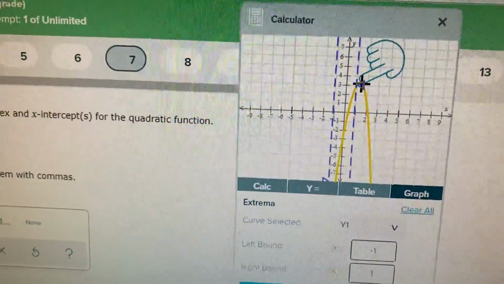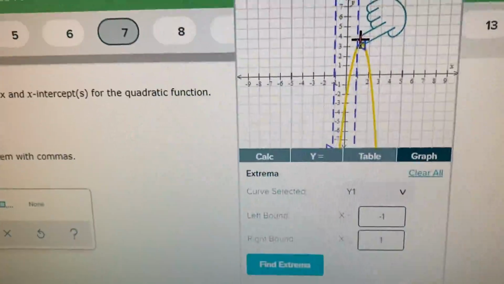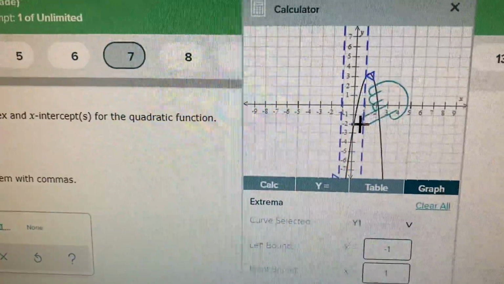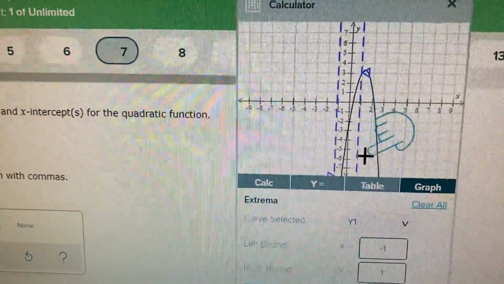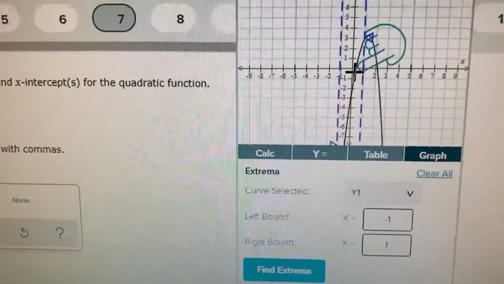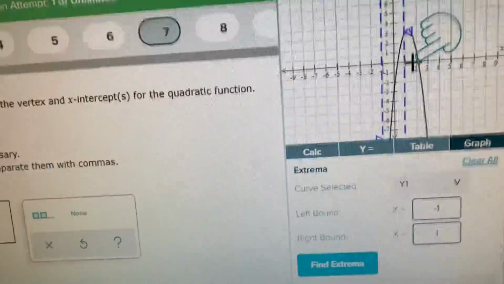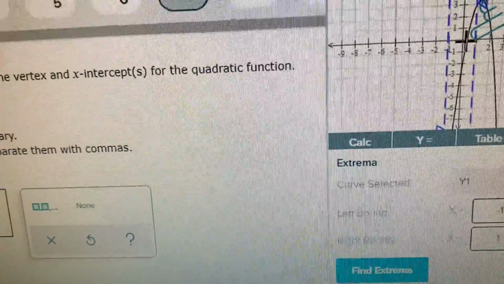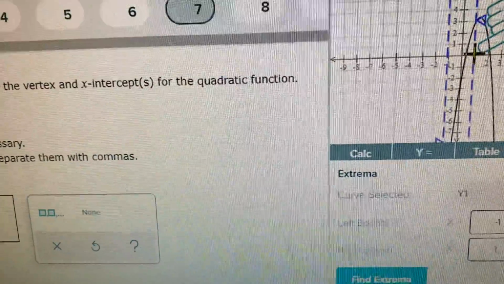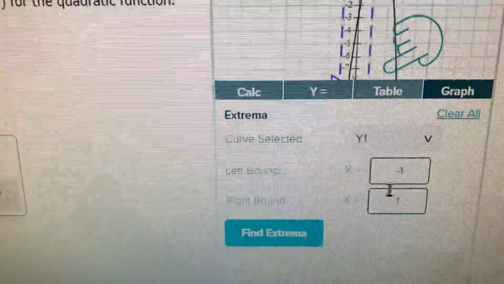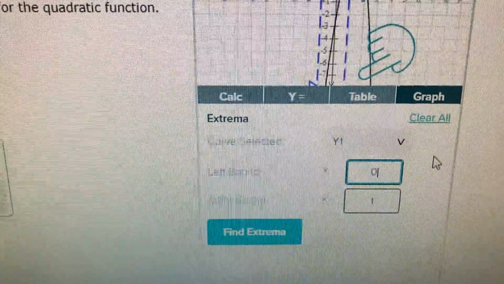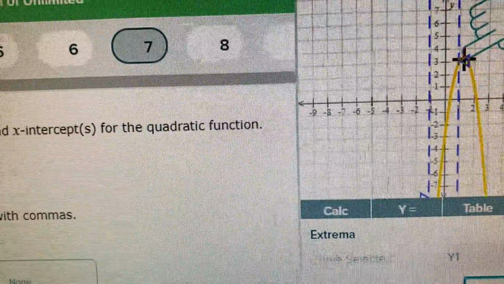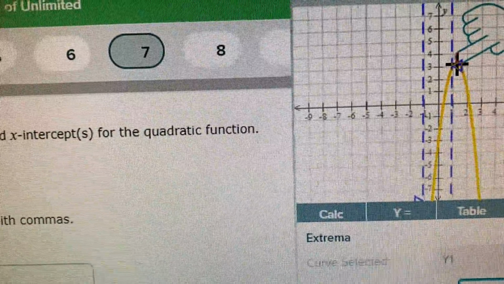So when you do your bounds, it's gonna be in between, it's a little bit less than 1 if you look at it real good, so let's say it's in between 0 and 1, let's try that, and that's the bounds of your x for your vertex. So 0 and 1, everybody see that because it's here. It's about right there.